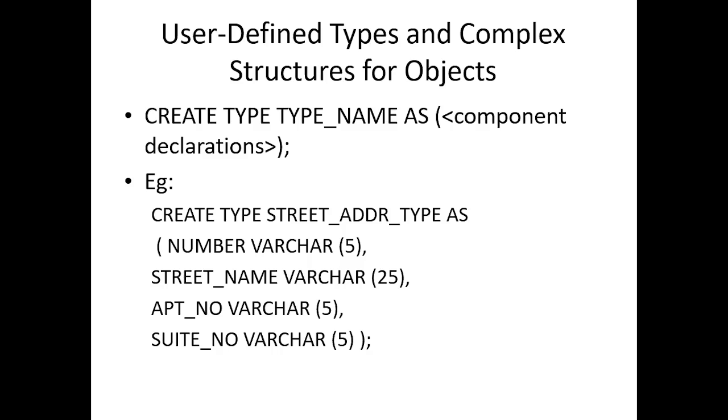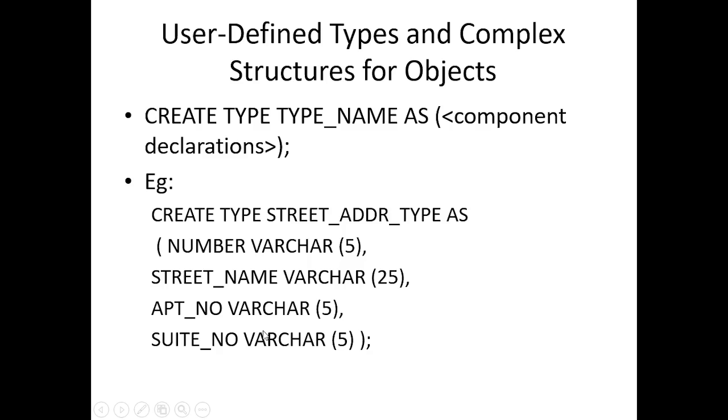So for example, consider we have create type street_addr_type as. So we are creating a new type, and this is the type name. Then we have the component declarations: number varchar of 5, then street name varchar of 25, then apt_number varchar of 5, then suite number varchar of 5.